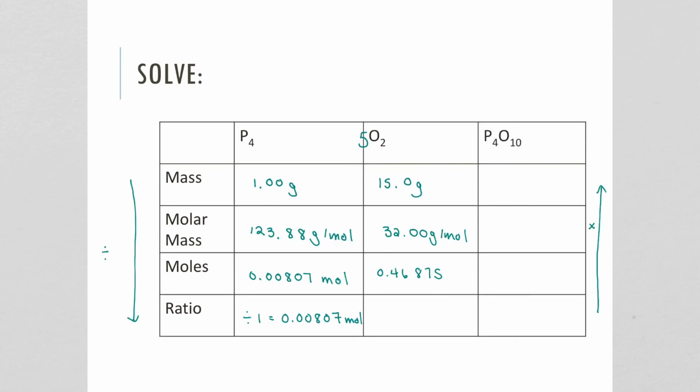Already we can see, and I kind of predicted this already, that we're going to have more than enough oxygen in comparison. So we still need to divide by the coefficient, but we're still not going to get a value as small as the molar value of P4. So it's equal to 0.09375 moles. So this one's the limiting.